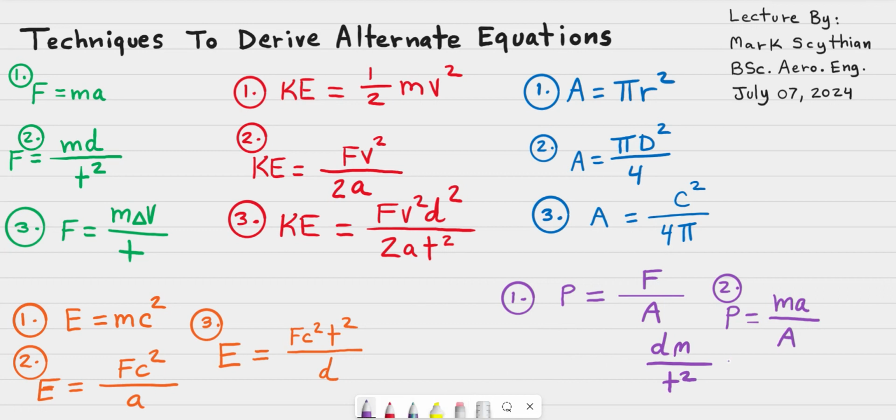So we divide it by a, so we get its reciprocal 1 over a. This becomes dm over t squared. A is equal to p. So if you had a dynamic pressure, you'd have a certain distance times the mass divided into the time squared times the cross-sectional area would also equal the pressure. So we'll call this number 3.